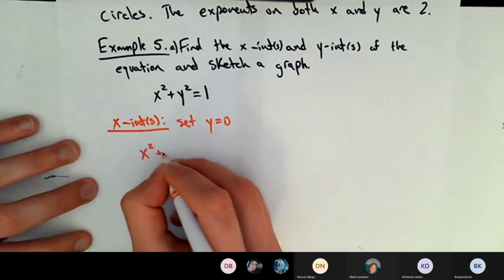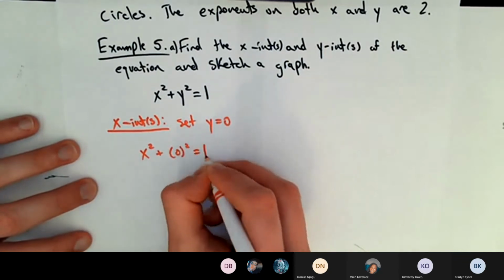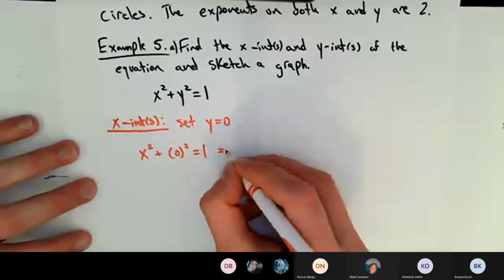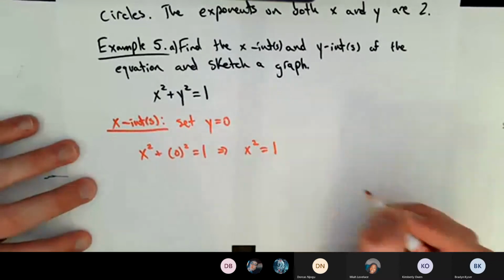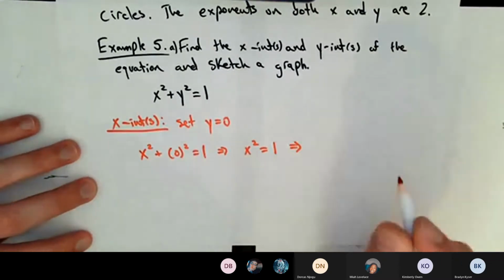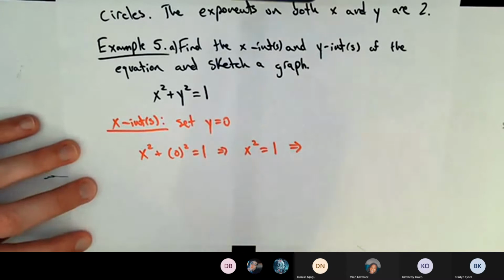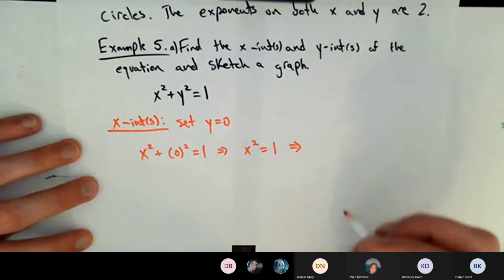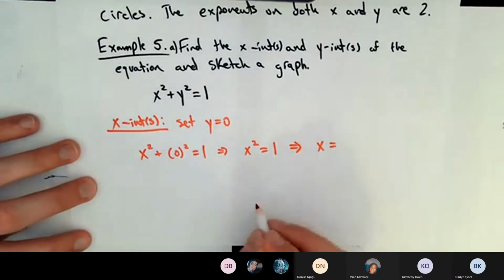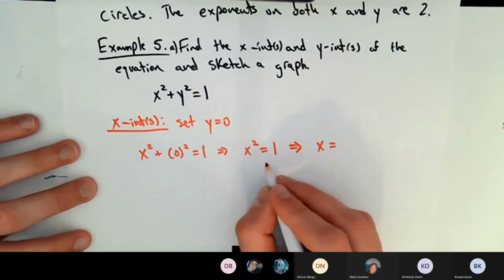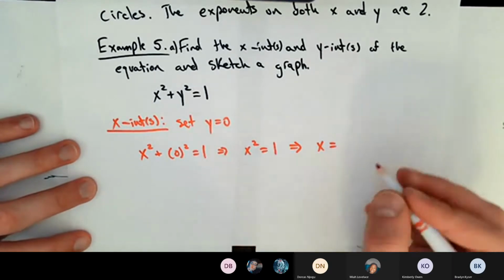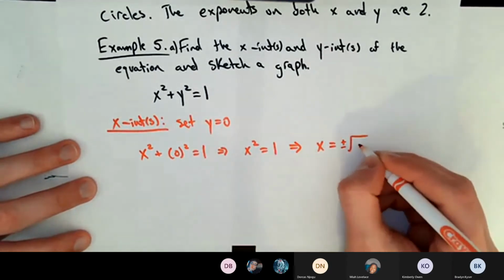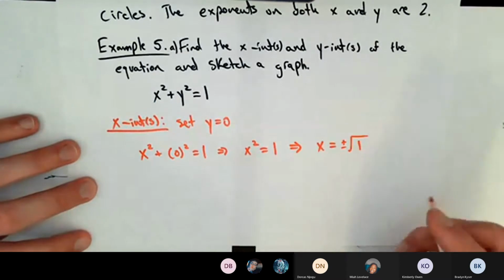So we have x squared plus 0 squared is equal to 1, just setting y equal to 0 there. X squared is equal to 1. And then recall from last time when we had x squared equals 4, we had to write x equals 2 and negative 2. So here x is equal to plus or minus the square root of 1, just like with the square root of 4.